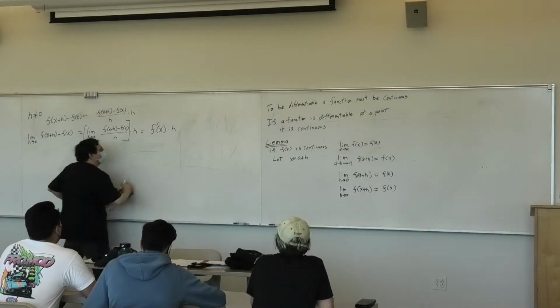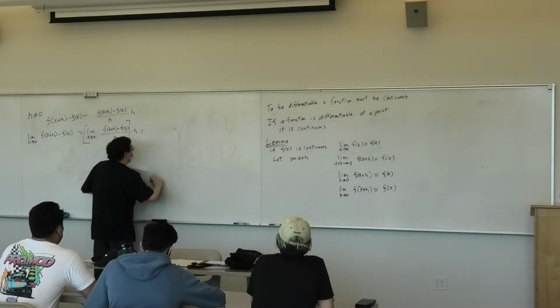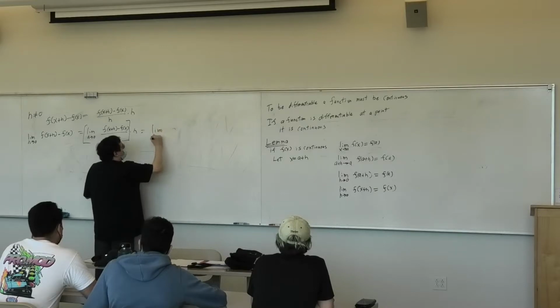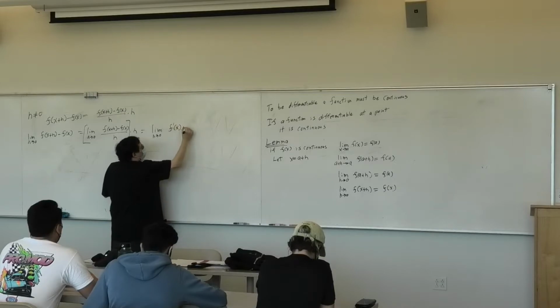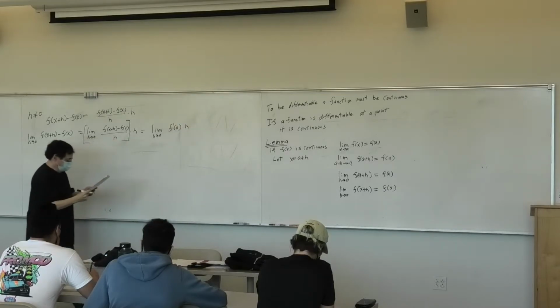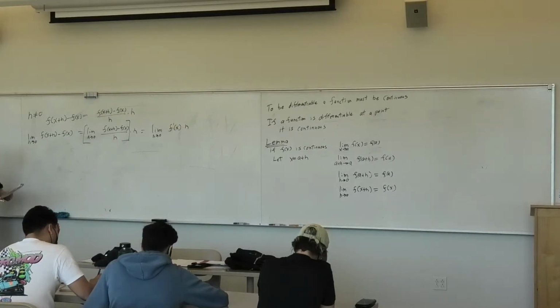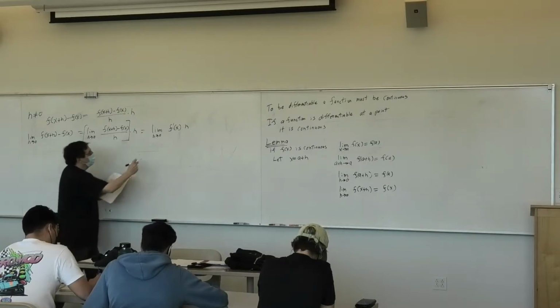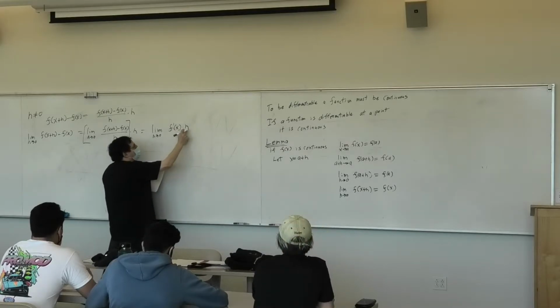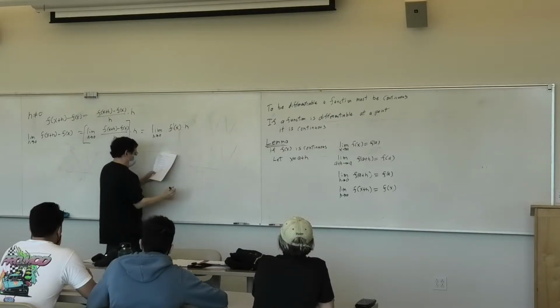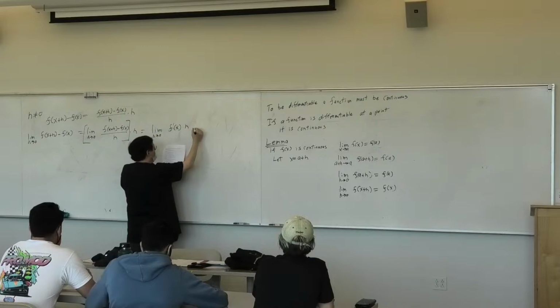This is the limit as h approaches 0 of the derivative of x times h. But clearly, this is 0. h goes to 0, so this is going to be 0.